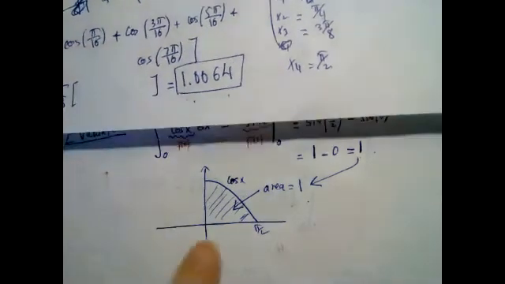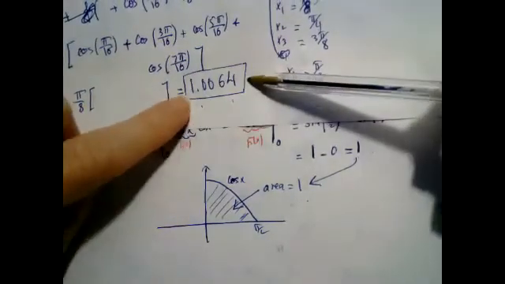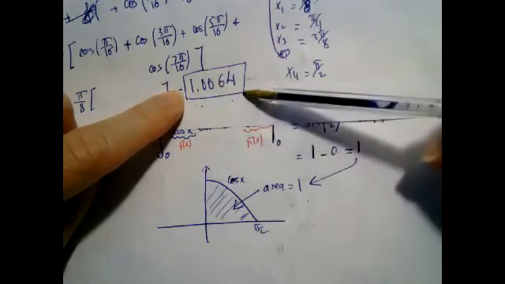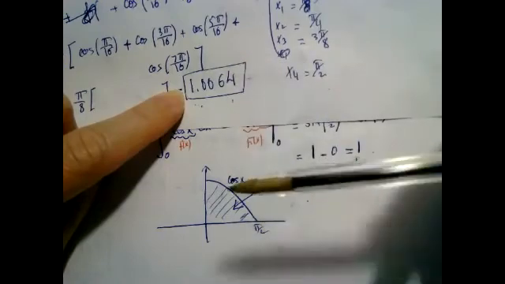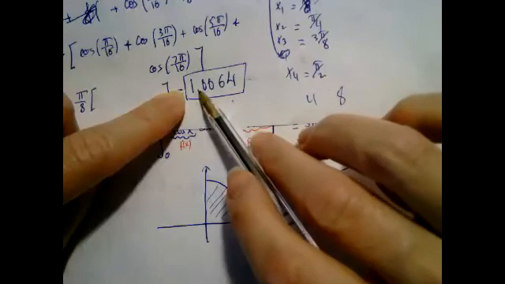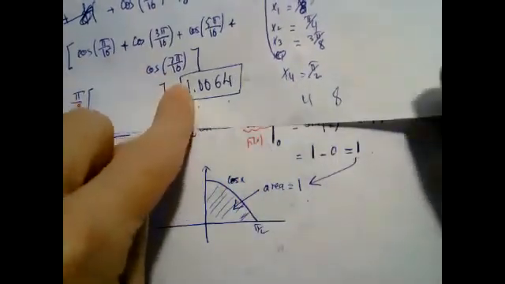When we take a lot of subdivisions, we realize that we're getting close to 1. But our approximation with only 4 subdivisions gives us 1.0064, which is not a bad estimate, with only 4. Imagine if I had taken 8 subdivisions, I would probably have gotten 1.0000 something. Okay, so that's our estimate and that's our actual value.